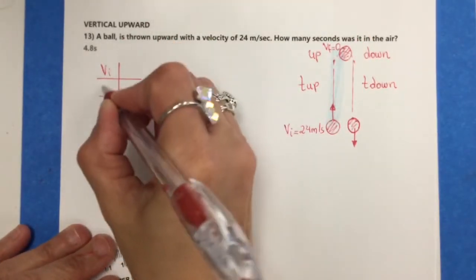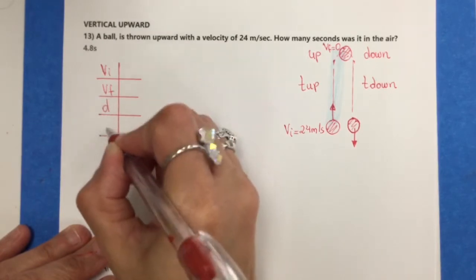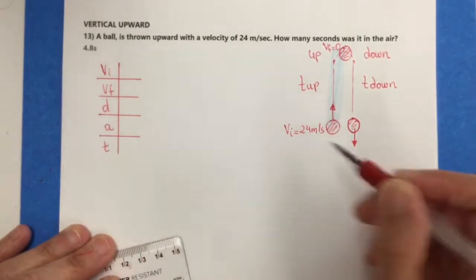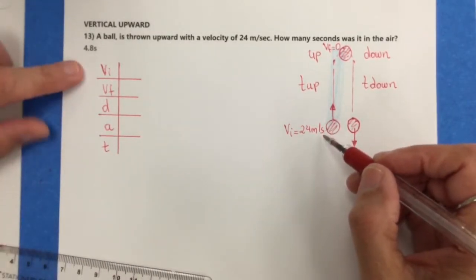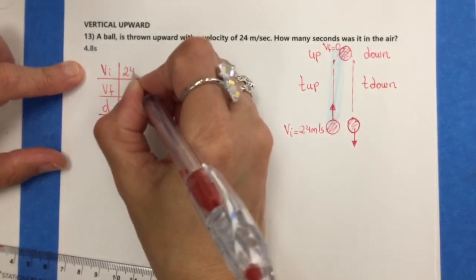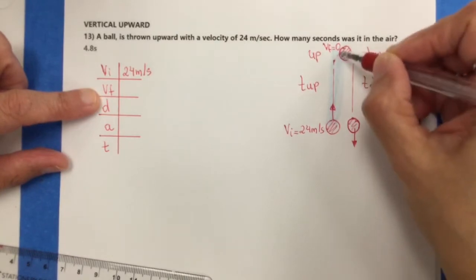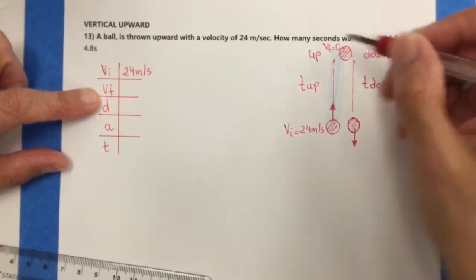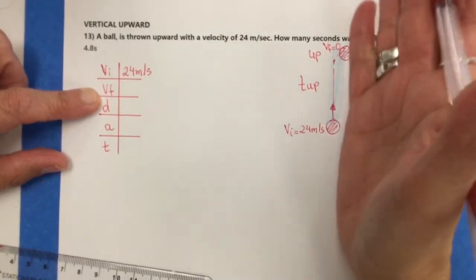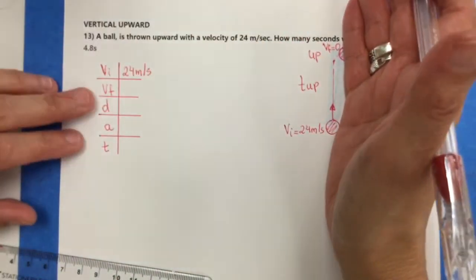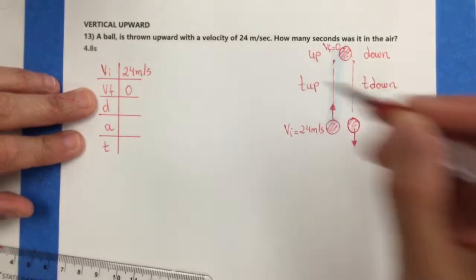So VI, VF, D, A, T. Going upward, the initial velocity is 24 meters per second. The final velocity is going to stop and then it's going to change direction. Before it changes direction, we still consider the motion going upward, so that is 0.